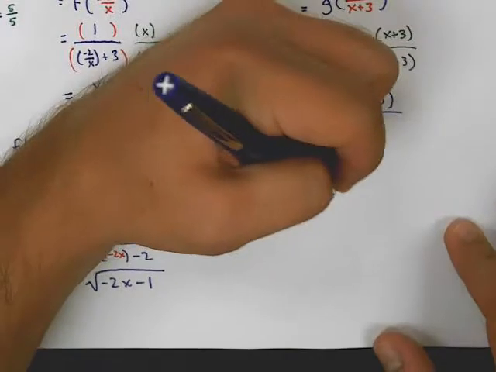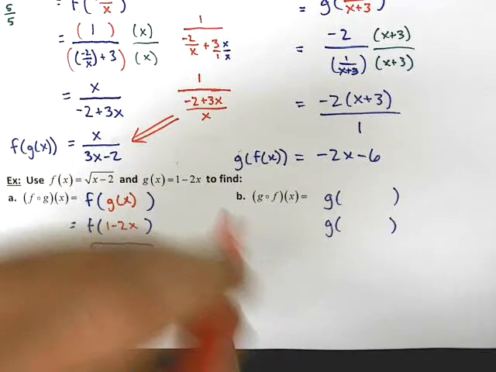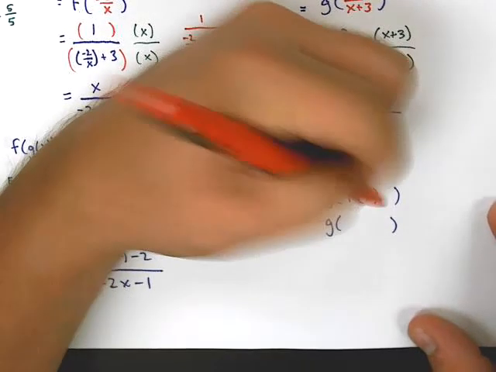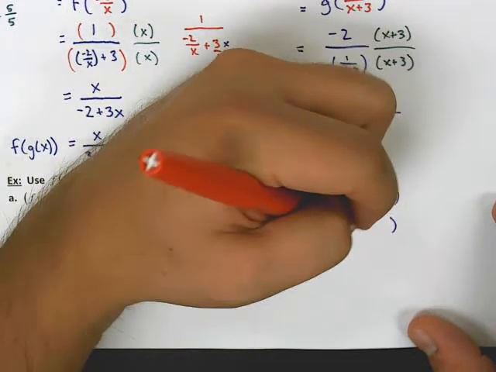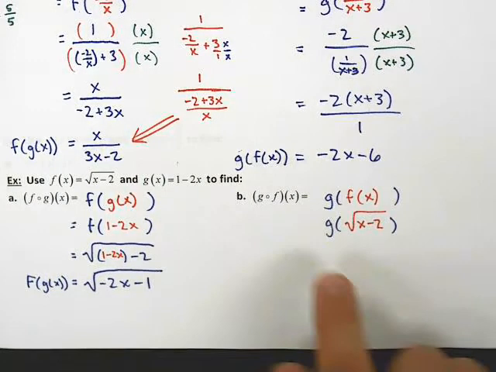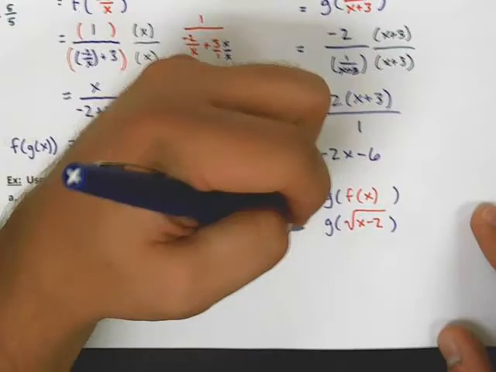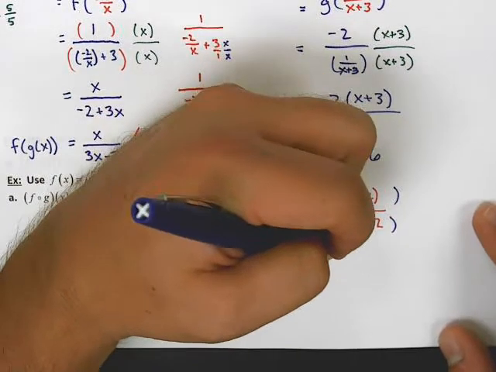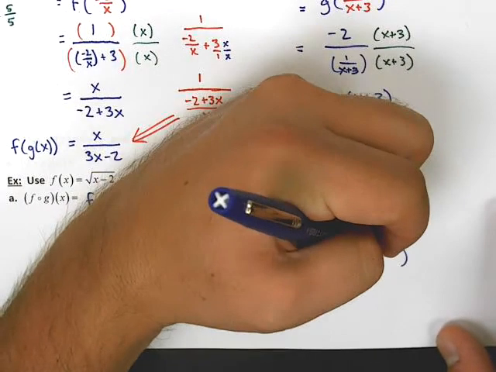Next one is g of f of x, or g of the square root of x minus 2. Alright, so when we look at our g function, it is 1 minus 2 times the input. So 1 minus 2 times the input.